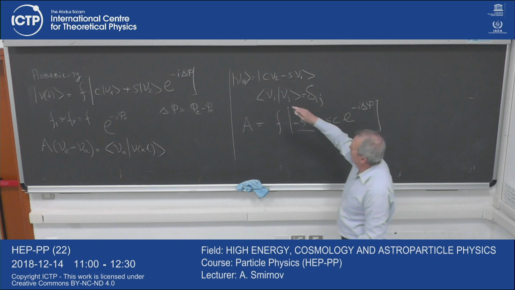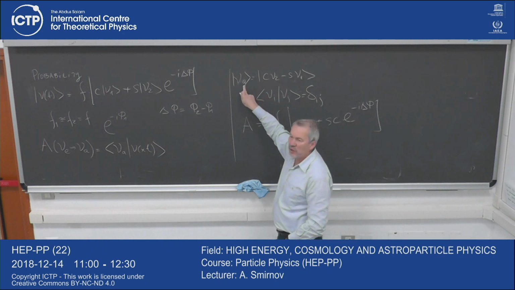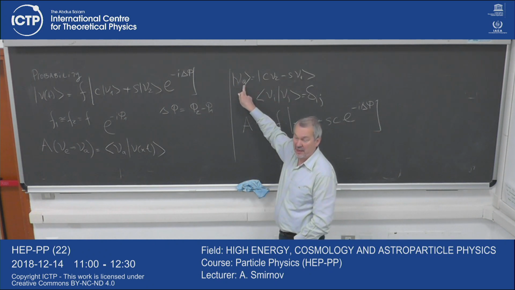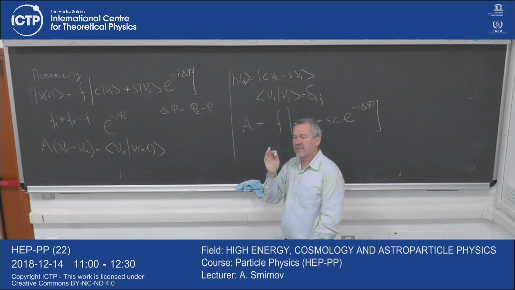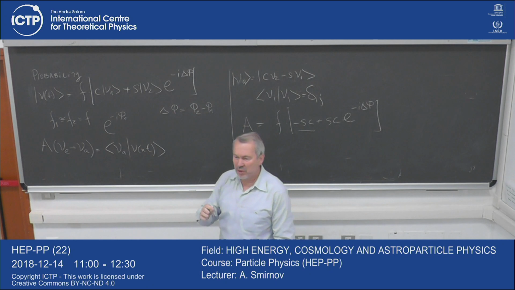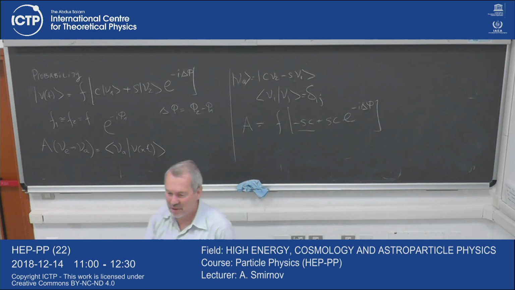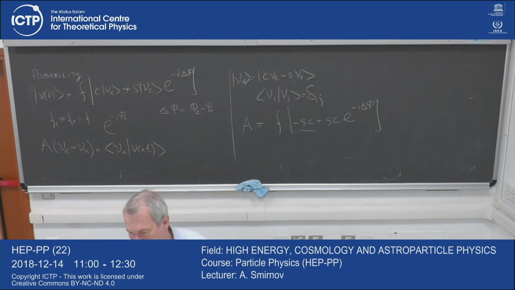No, look, here I compute nu A, which is a flavor state again. So the point is that what I detect is a flavor state, because I'm using certain interactions, for instance, interactions with electron or, say, inverse beta decay. And in interactions, I always detect not mass states, but flavor states.